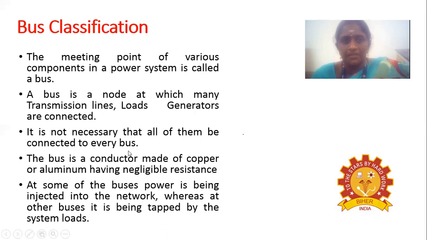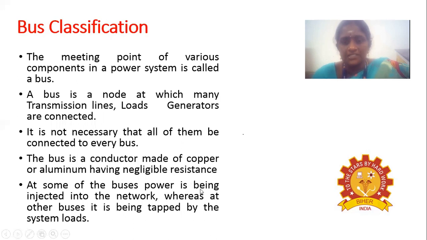Some buses may have only transmission lines and loads, but some buses will have the generating stations also. The bus is a conductor made up of copper or aluminium that should have negligible resistance, to reduce the transmission line losses.